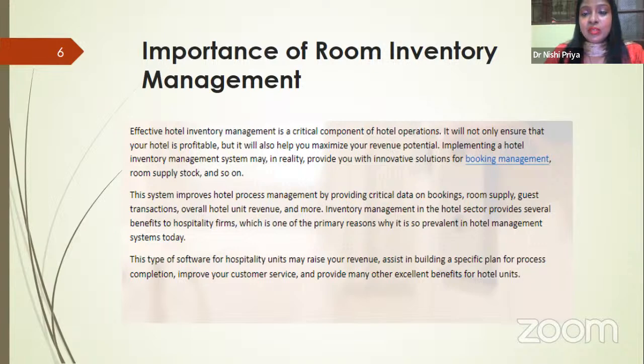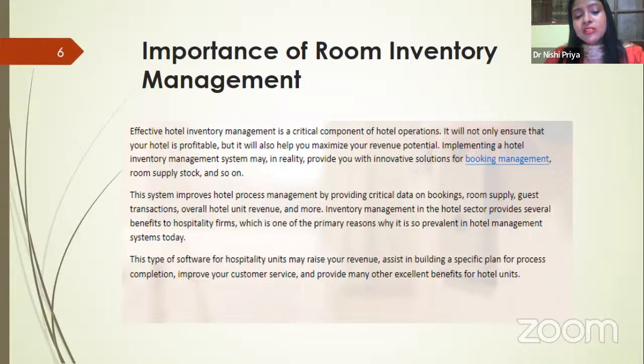And we have to keep this in mind, that we process this management of critical data during booking, during room supply, guest transaction, or overall hotel unit revenue. We have to establish that the room inventory management system is adopted and is supporting you 365 days, 24 into 7. And then only you can have a good idea about room inventory management and about the hotel property detail. That could only be possible.